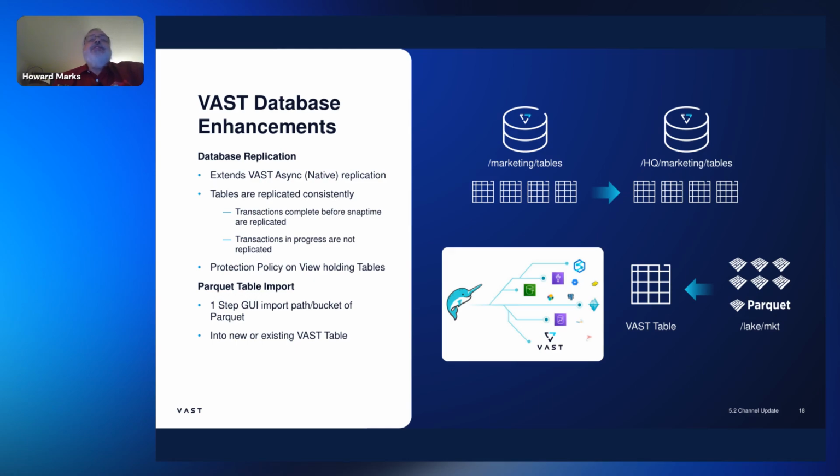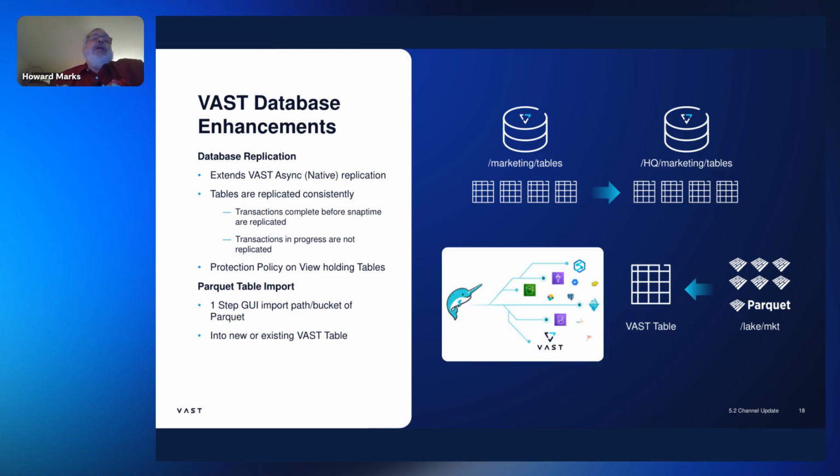Any transactions that were in progress and only partially posted to this table will be excluded and will not be replicated. So the table will be replicated in a state that is fully consistent, at exactly what a user would see if they queried the table at the moment of the snapshot.